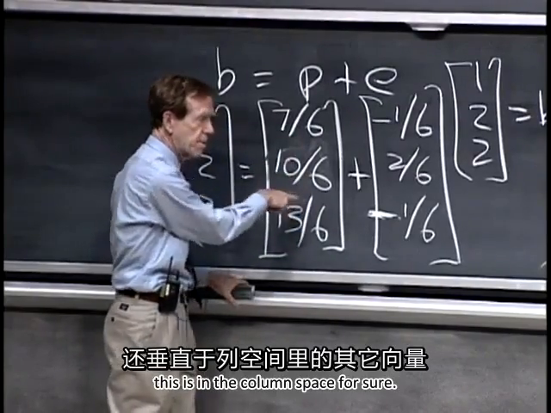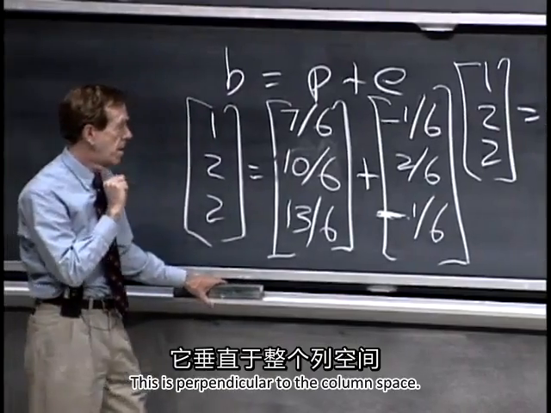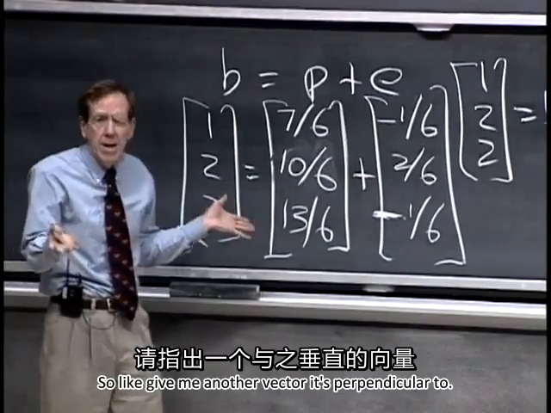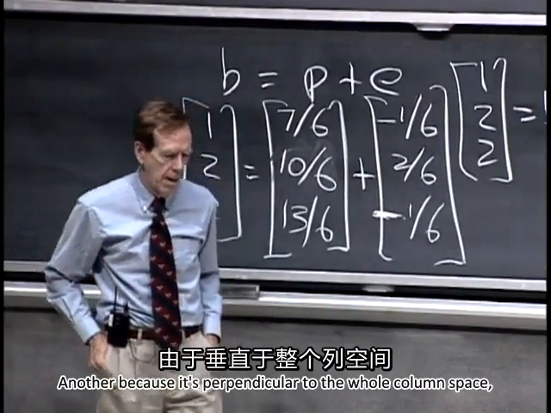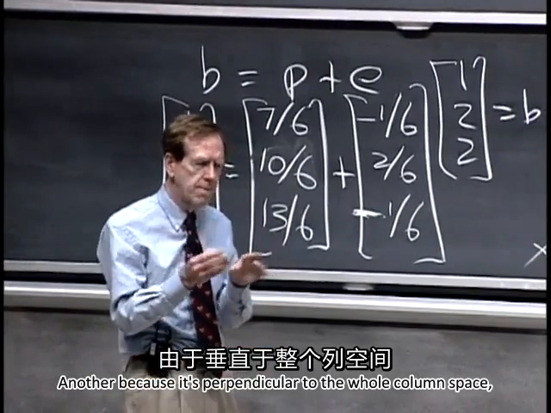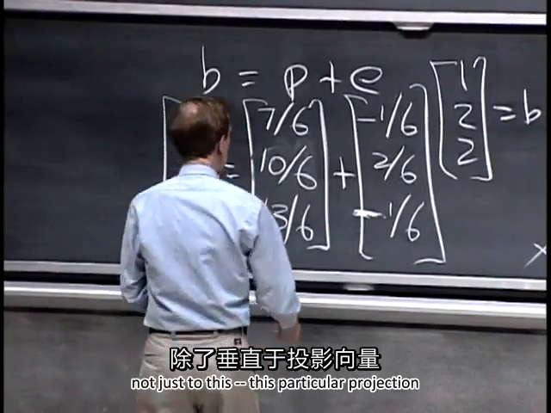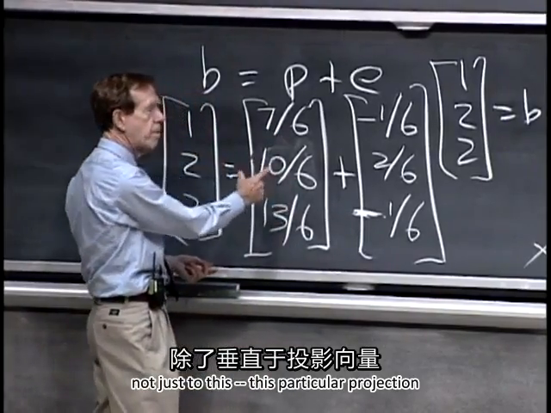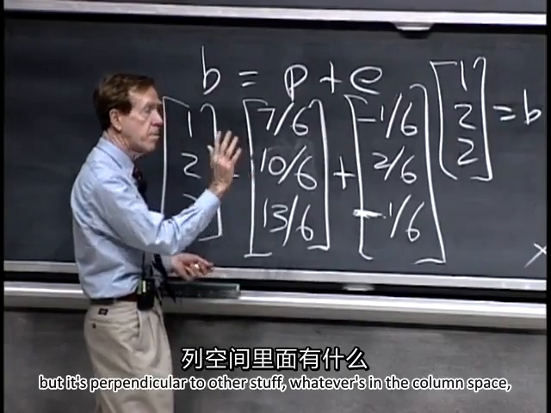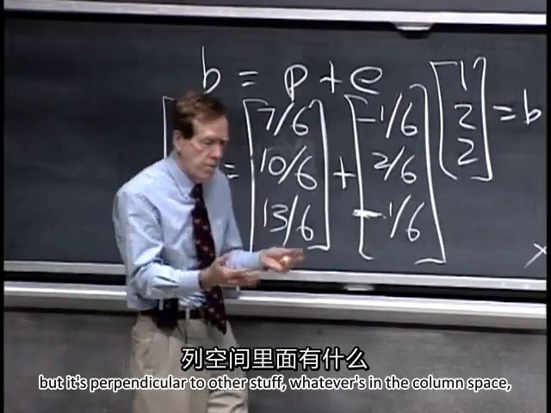This is in the column space for sure. This is perpendicular to the column space. So, give me another vector it's perpendicular to. Another, because it's perpendicular to the whole column space, not just to this particular projection that is in the column space, but it's perpendicular to other stuff, whatever's in the column space.